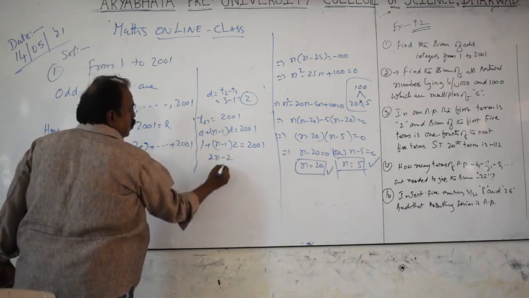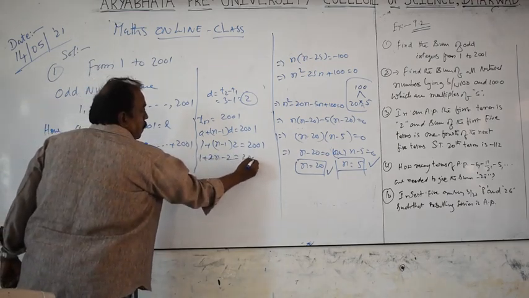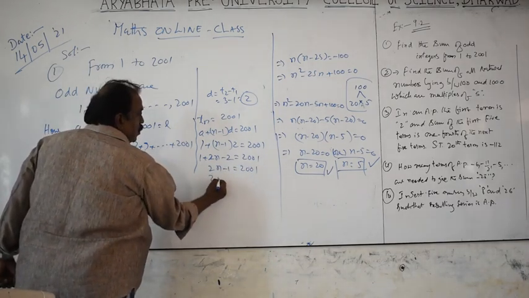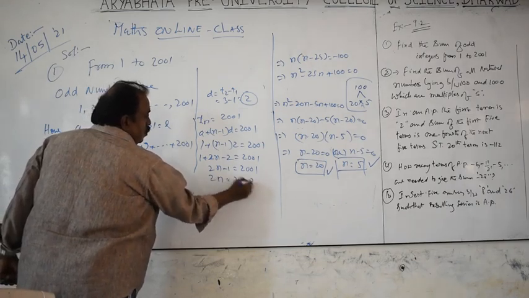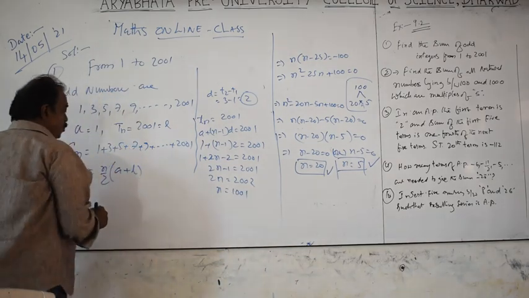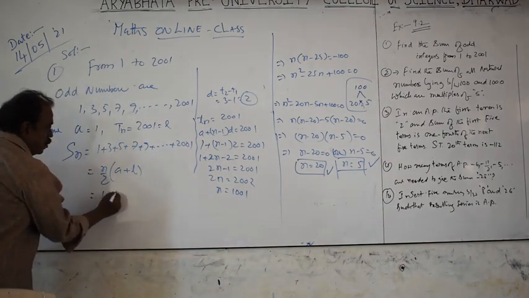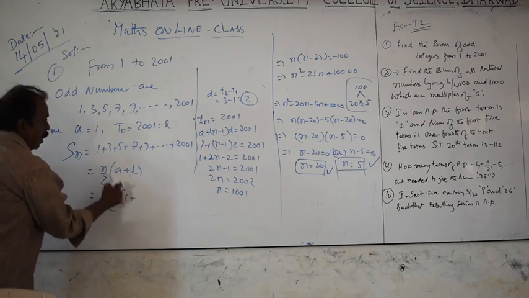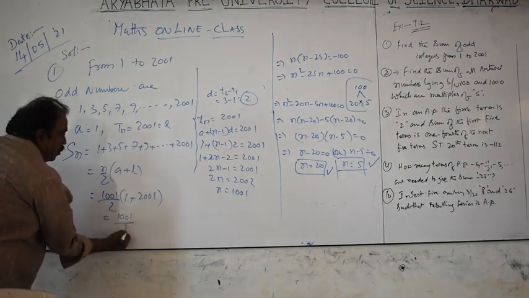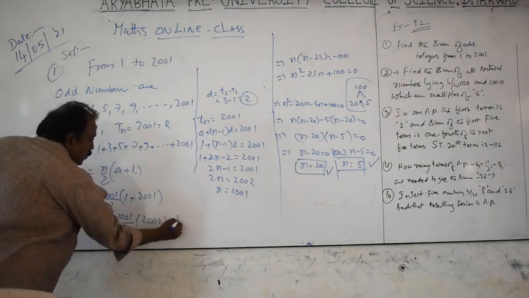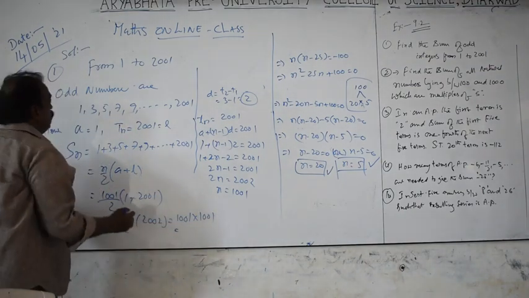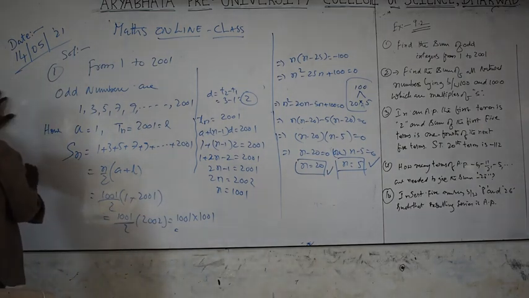This is 2n minus 2 plus 1, 2n minus 1 is equal to 2001. 2n is equal to 2002. 1 is added. n is equal to 1001. Okay? So substitute n by 2, a is 1, l is 2001. So it is 1001 by 2 into 2002, it is 1001 into 1001. Okay? You calculate it. I will calculate and substitute here.